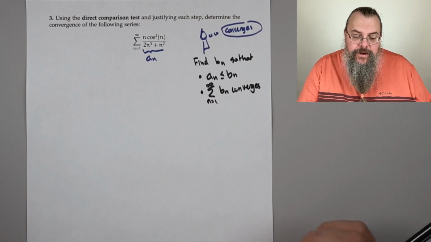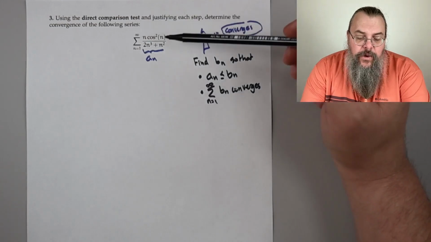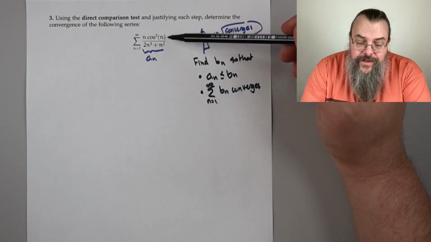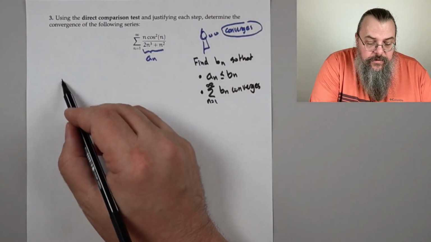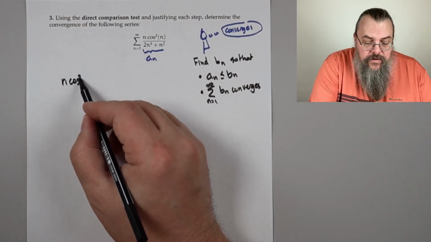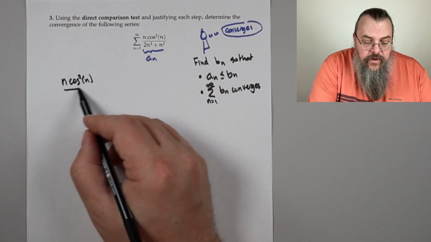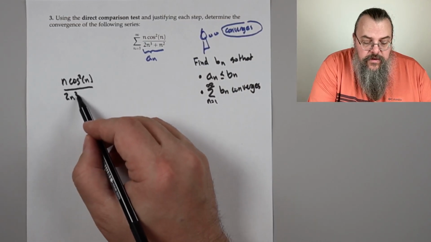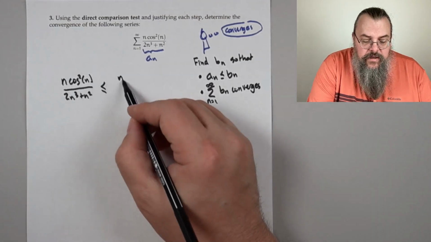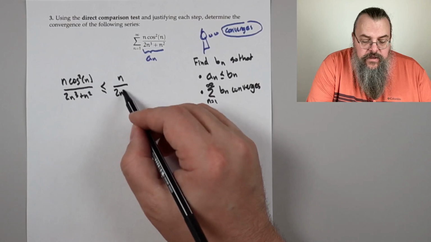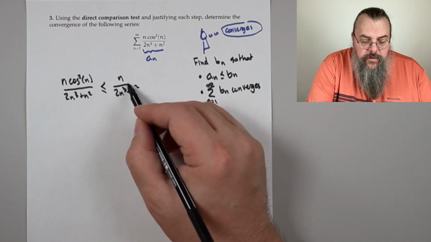Okay, so let's think about things that are easy to do. We know cosine squared n is between 0 and 1, so let's just get rid of it. So, all right, we'll start with n cosine squared n over 2n cubed plus n squared. That's less than or equal to n over 2n cubed plus n squared.